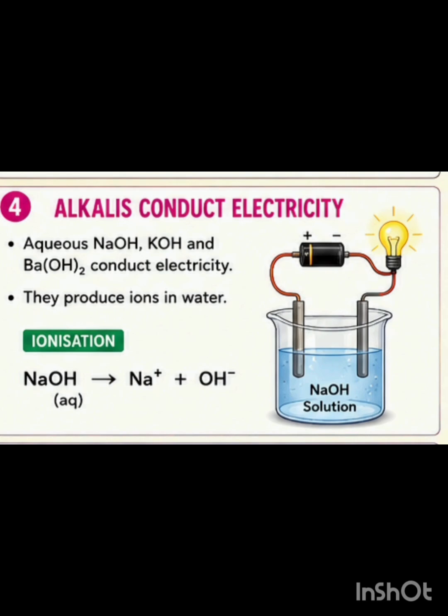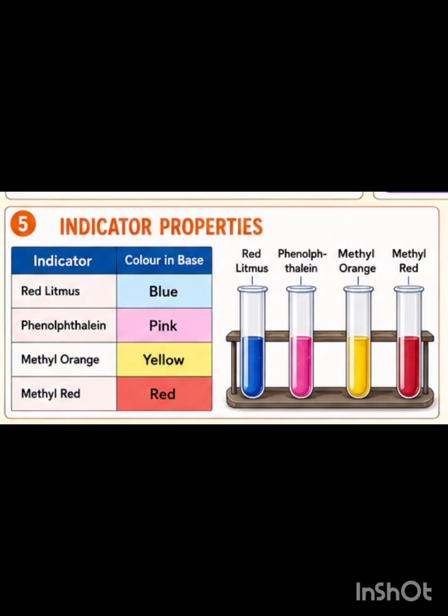So alkalis conduct electricity. Now let's see the indicator property of bases. All of you know that when we put red litmus paper in a base, it turns blue. But what are the reactions of other indicators? If we put a base in phenolphthalein solution, it will turn pink.